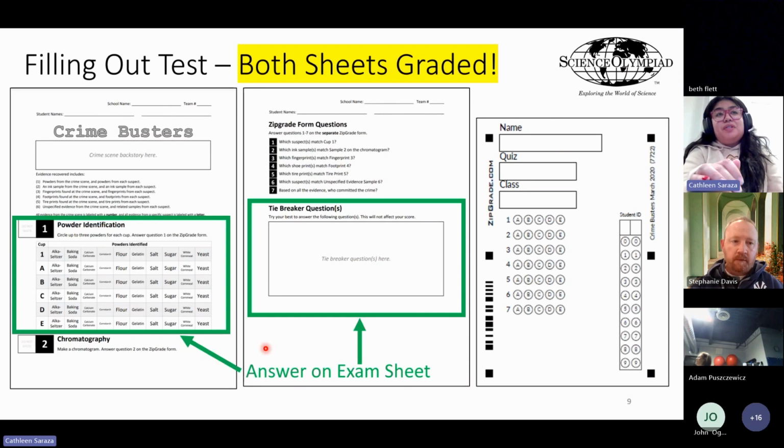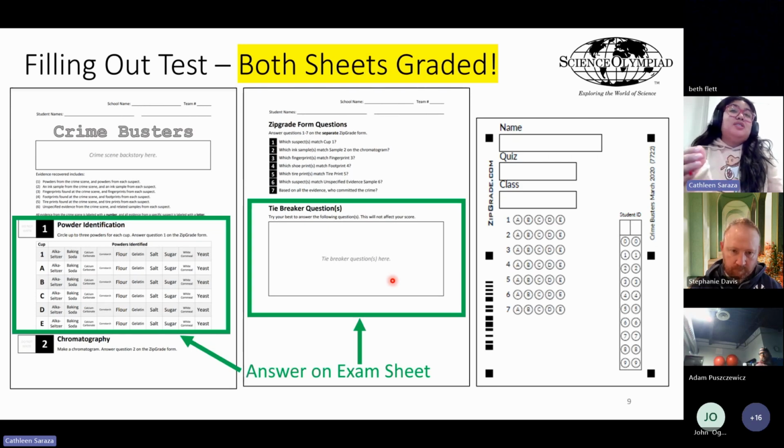And as I've said before, both the exam sheet as well as the zip grade will be graded. So just make sure your students fill out the powder identification portion of the exam sheet, as well as answer tiebreakers if they have time to do that. They're not going to be marked down if the tiebreaker answers are wrong.